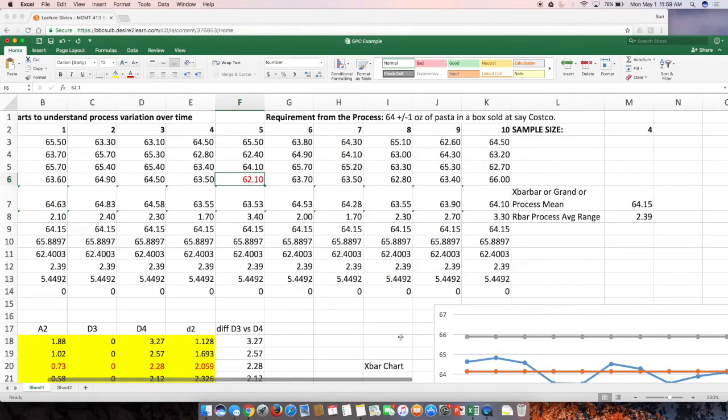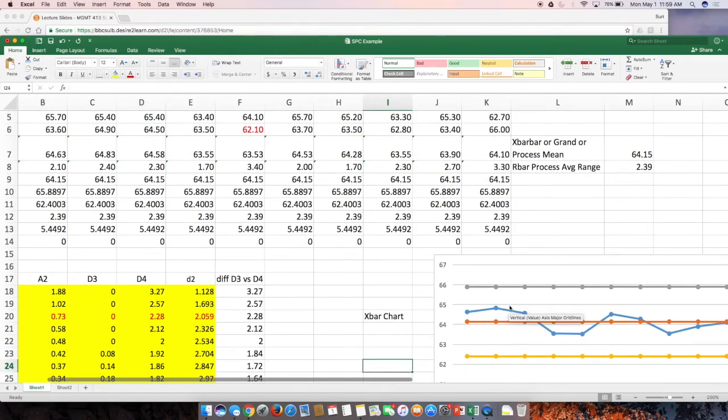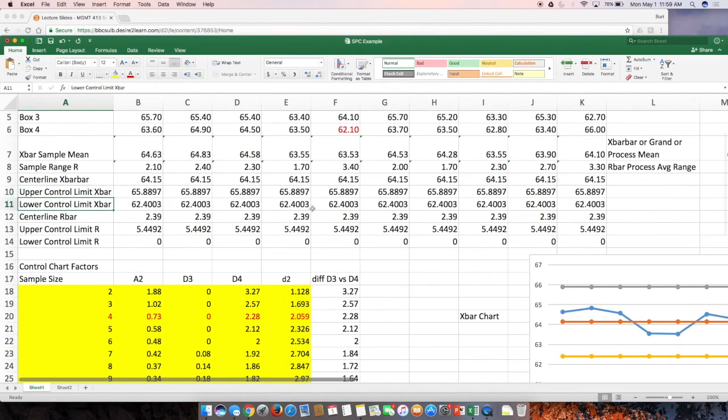Remember that number. And now tell me, what is your upper and lower limit for the X bar chart? What's my upper limit for the X bar chart? 65.88. What's my lower limit? 62.4. Is there a problem? So obviously I have this number 62.1 that's less than my lower control limit. Is there a problem?